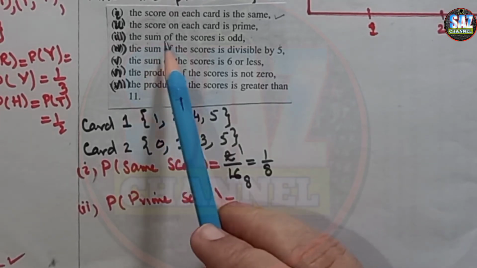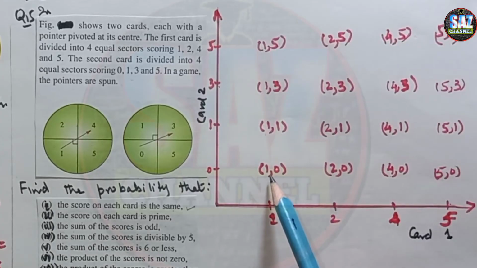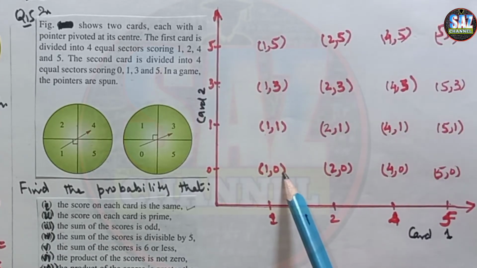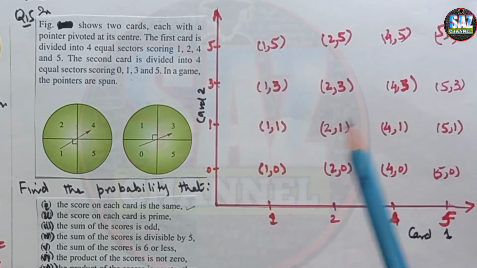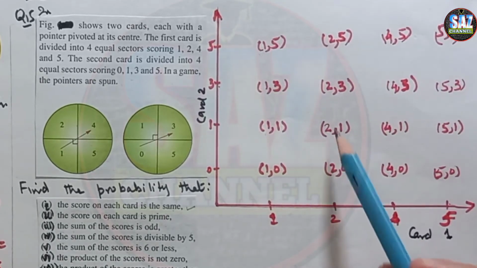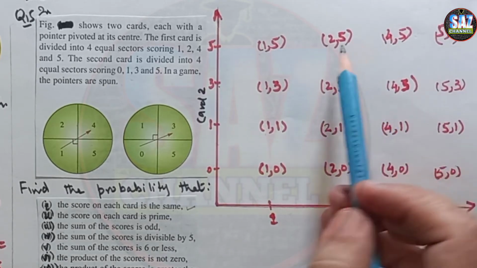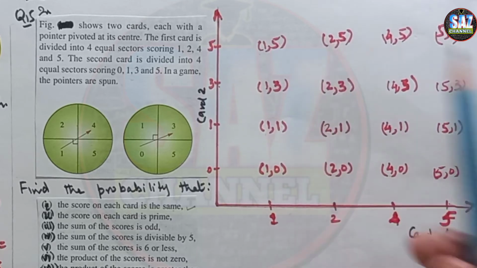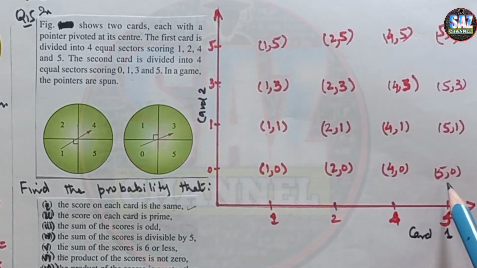The score on each card is prime, so we have to pick those situations for which on both cards we are getting a prime score. One is not prime, so this is discarded. 2 with 3, this is the first situation, and this is 2 with 5, both prime. 4 is an even number, so we are not going to this column.